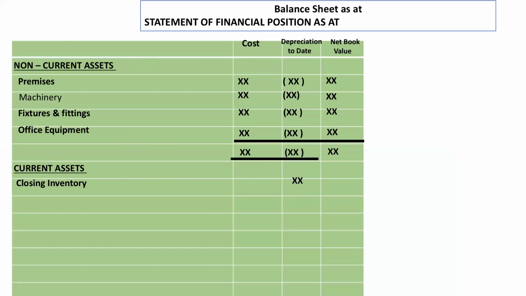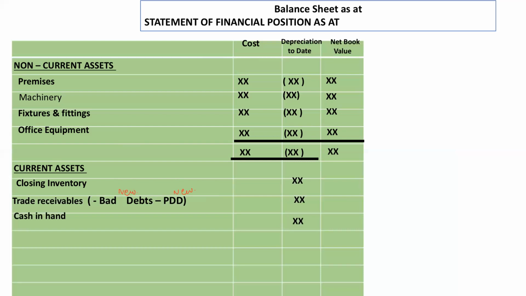Next, you will write the trade receivables and you will adjust it for the new bad debts that you have faced after closing the books and the new provisions that you think of creating when you close the books. So trade receivables adjusted with the new bad debts and new provisions for doubtful debts.